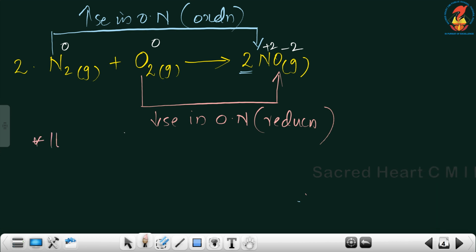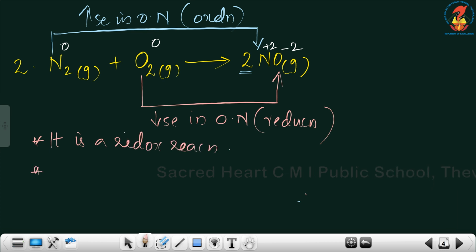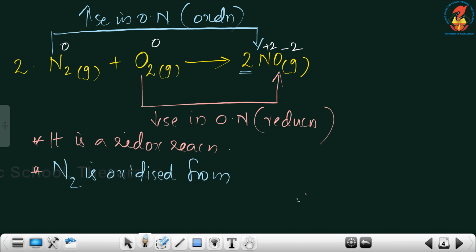So we can say that it is a redox reaction. Why is it a redox reaction? The first point is because in the case of nitrogen, N2 is oxidized from 0 to +2 oxidation state.